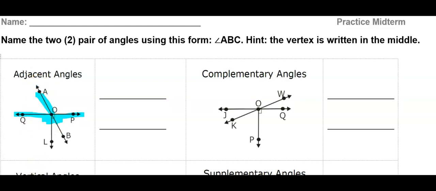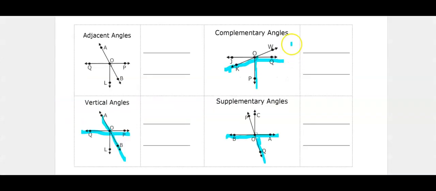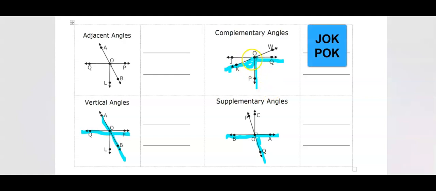You could write AOQ or QOA. It doesn't matter as long as you're writing the O as the center point. The complementary, as you can see, there are 2 angles here. I highlighted the region incorrectly. Please refer to the text box for the 90-degree angles that add up to make the correct complementary.